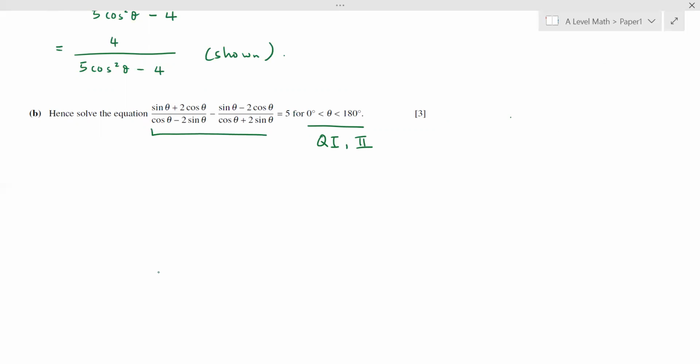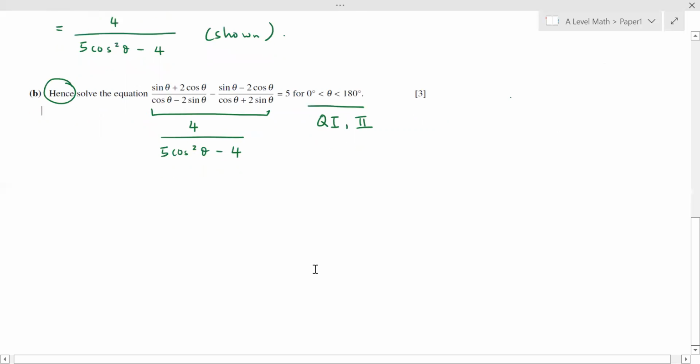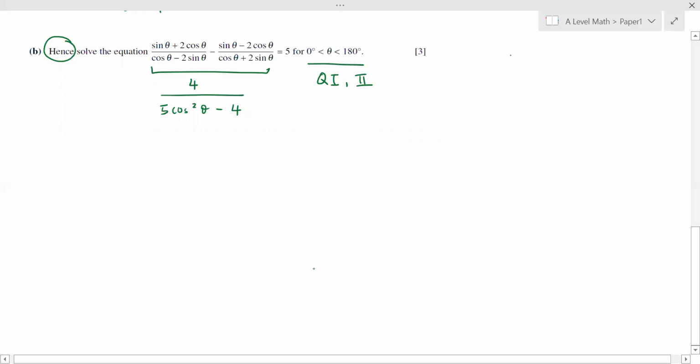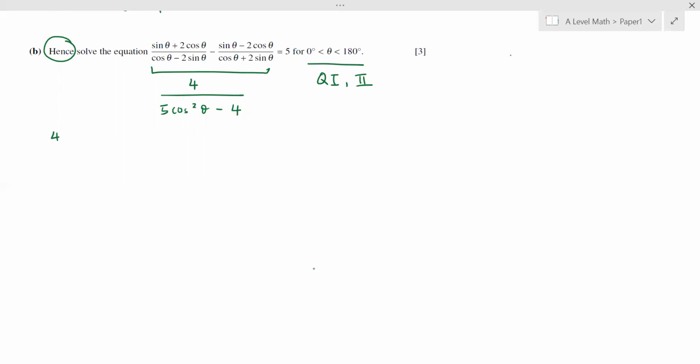And this left side from part A is actually 4 over 5 cos squared theta minus 4. Yeah, the word hence means you need to use the solution from part A. So for this case, we are going to replace the left side with all that. And we write 4 over 5 cos squared theta minus 4 equals 5 here from this equation. And we are to solve for theta in quadrant 1 or 2.